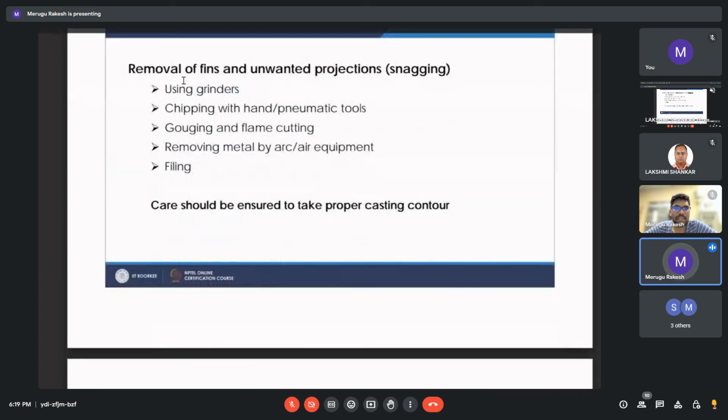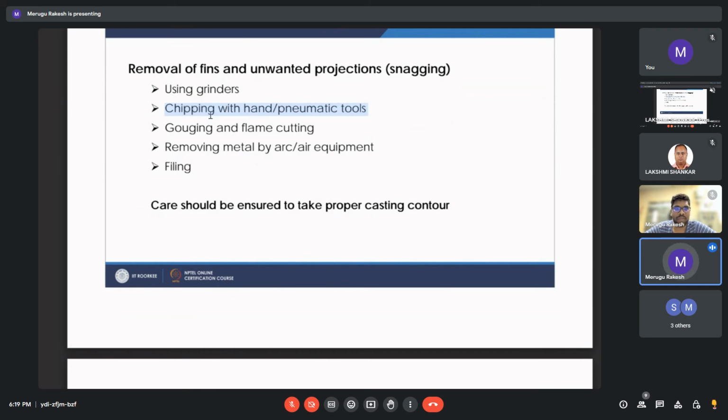Next is the removal of fins or unwanted projections. Generally these projections are not too large, so we can just grind them off the surface, or we can chip them off with hand tools. If it is a ductile or brittle material, we can easily chip it using some type of tool.